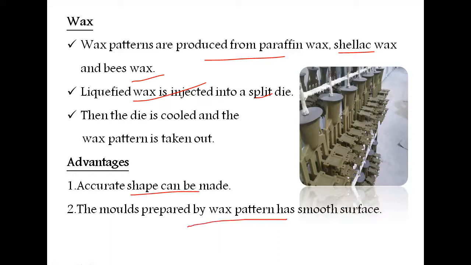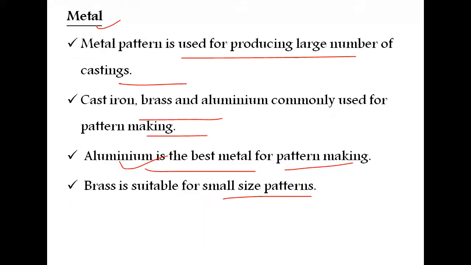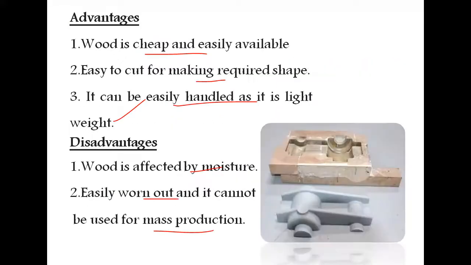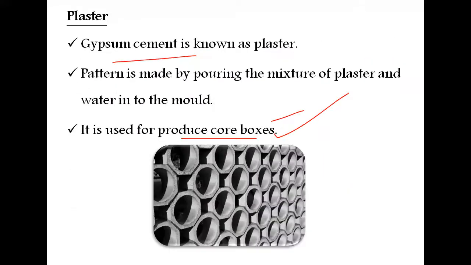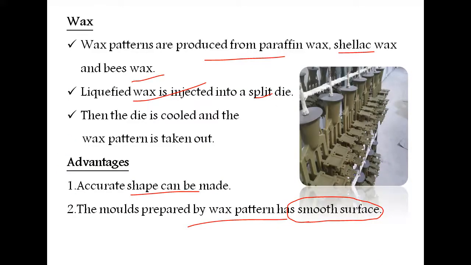The mold prepared with wax gives a good smooth surface compared to wood, metal, plaster and plastics. Since it gives a good surface and appearance, there is no need for secondary operations.